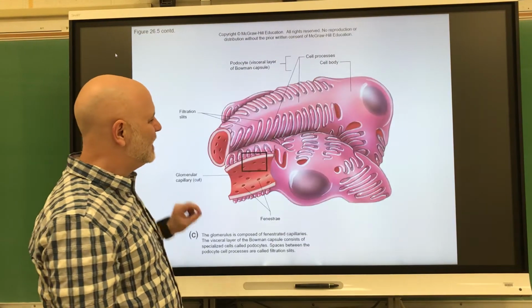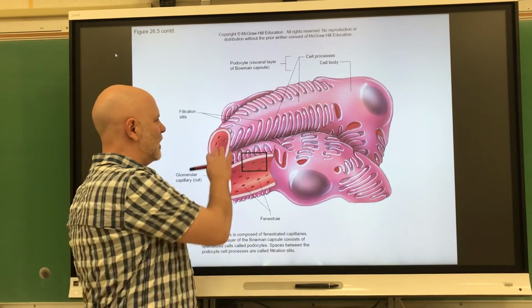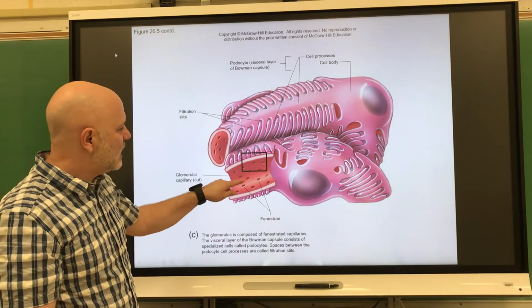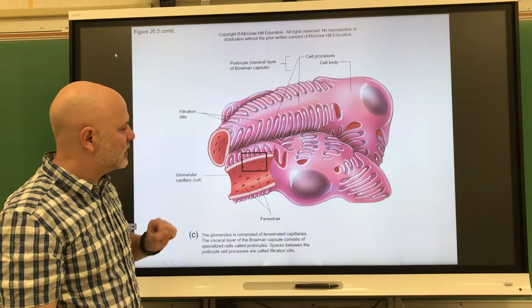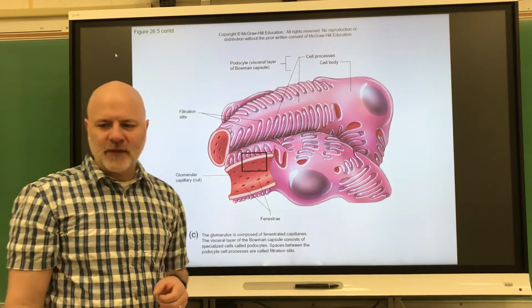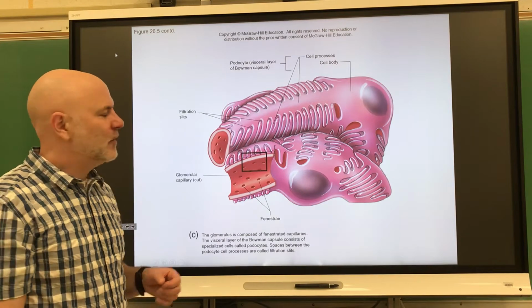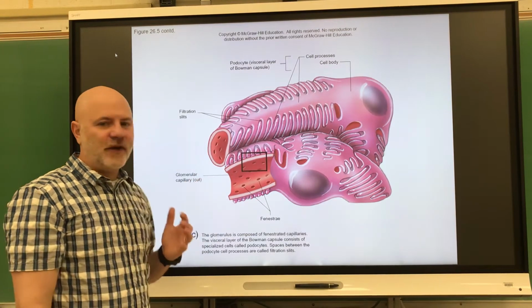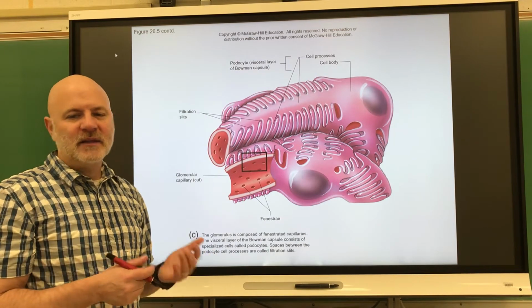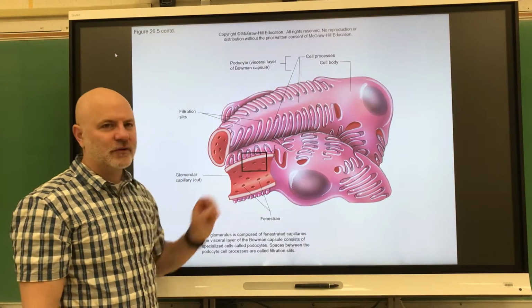The next picture is a high magnification of these glomerular capillaries. What we see on those capillaries is they have a bunch of little holes called fenestrations. Fenestra is also the same thing. So the walls of the glomerulus are fenestrated, so they have many pores in them, and this allows more substances to be pushed through that membrane.